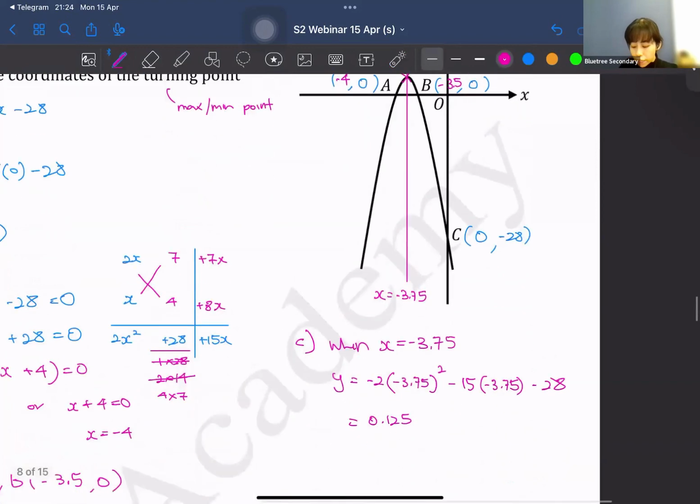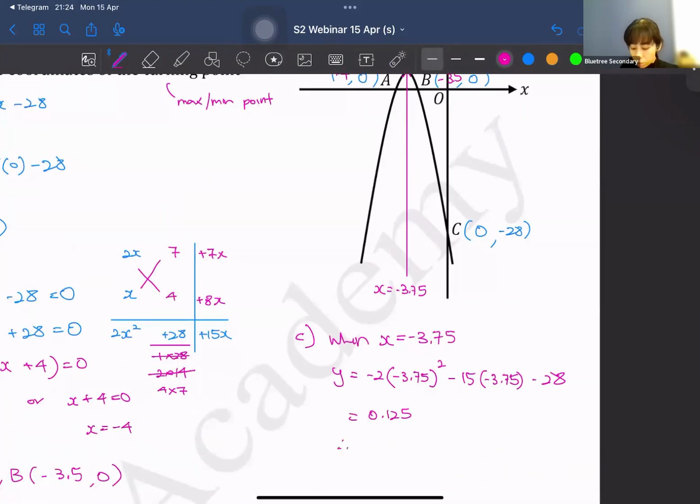So please conclude your final answer in the coordinate form. Therefore, coordinate of turning point is going to be equals to negative 3.75, comma 0.125. You can leave it in fraction form as well.